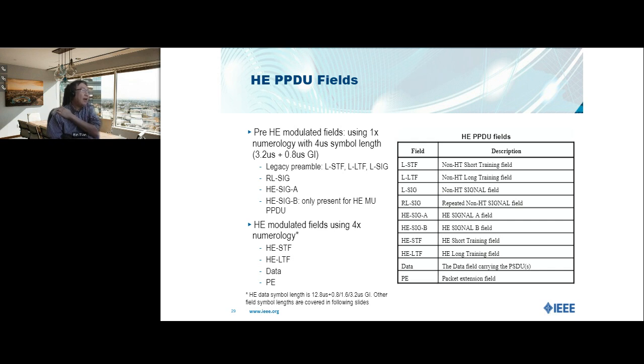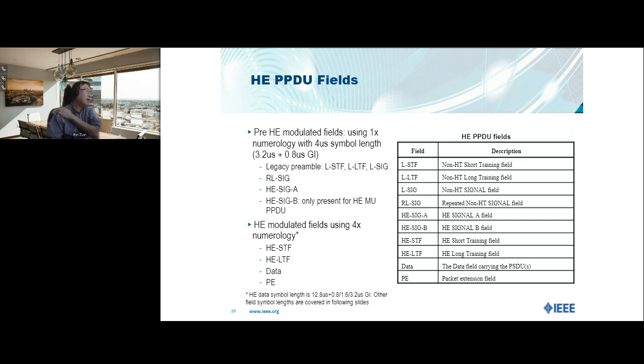Then we have the HE modulated field, okay? The HE modulated field mostly uses 4x numerology. For example, data symbols use 12.8 microsecond plus 0.8, 1.6, or 3.2 microsecond GI. For other fields, HE-STF and HE-LTF, there is a little bit of complication, so it's not exactly this duration.